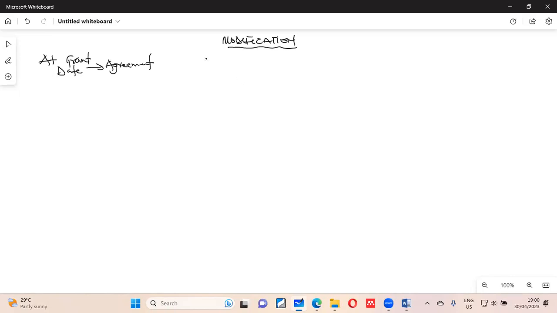So when we talk about modification, what we are trying to say is that modification is the altering, changing of the terms of agreement, so the terms and conditions of the share-based payment scheme or the share option scheme.